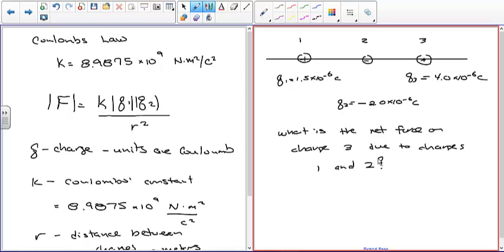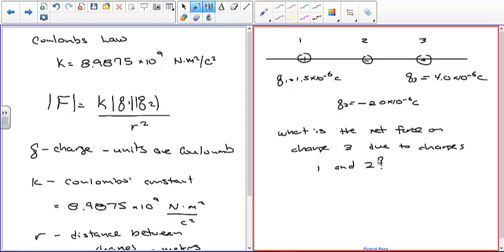The procedure is to use Coulomb's law to figure out the magnitude of the force. Then we use the fact that like signs repel and opposite signs attract to give us a direction. That'll be the vector part of the equation.